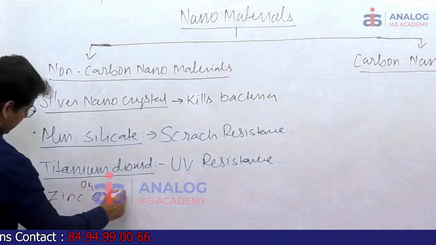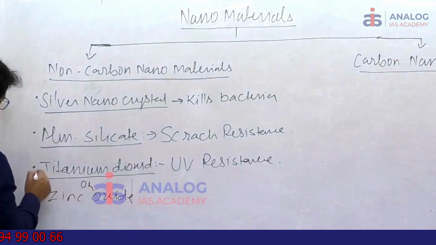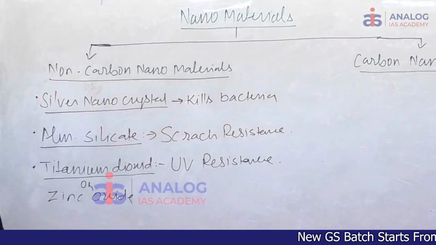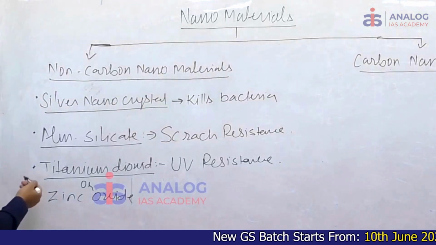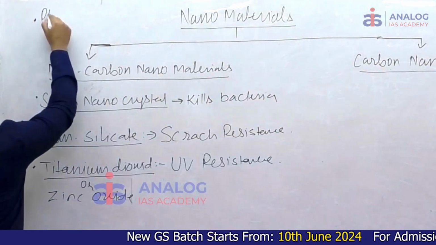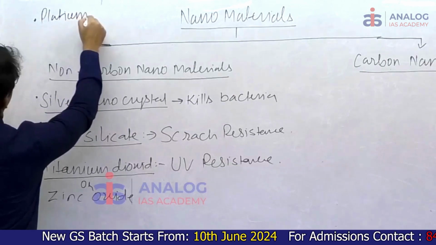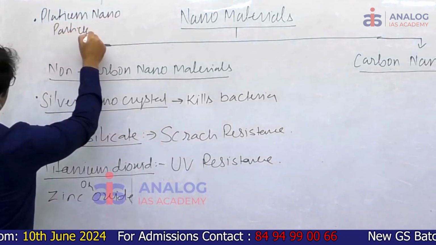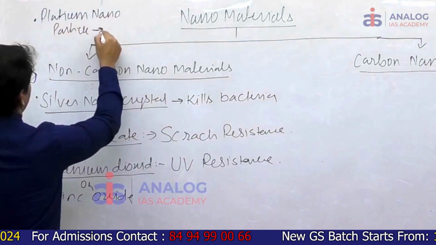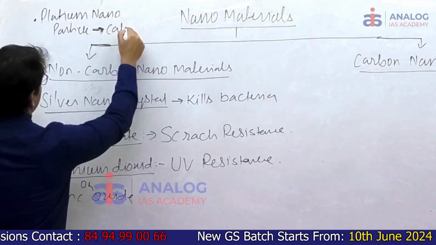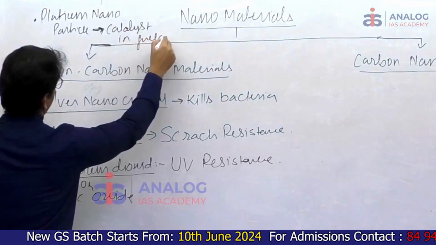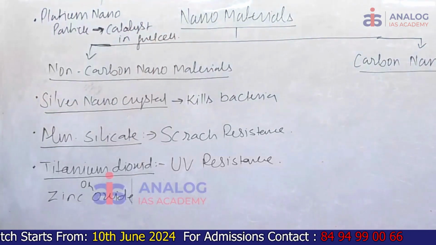So titanium oxide and zinc oxide both can give you UV resistance. One more we can write, I'll write it here. Platinum nanoparticle. That can be a catalyst in a fuel cell. What is a fuel cell? We are going to talk about it today only.